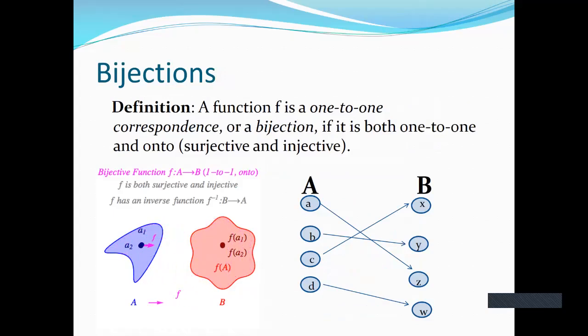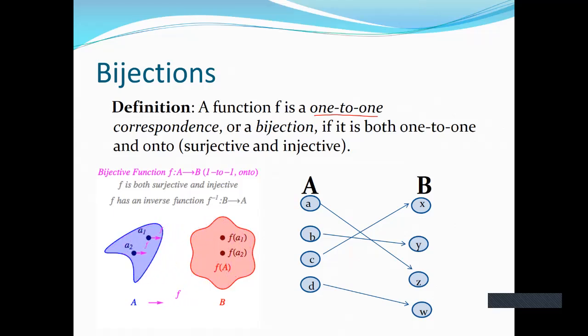A function is a one-to-one correspondence, or a bijection, if it is both one-to-one and onto. If it is an injective function as well as a surjective function, then we call it a bijective function.